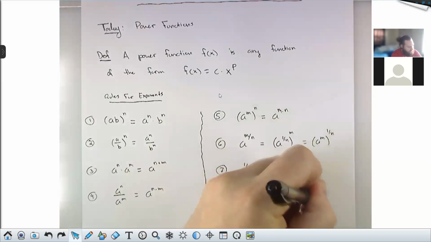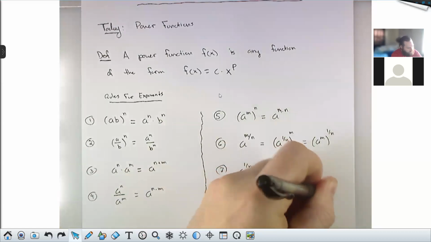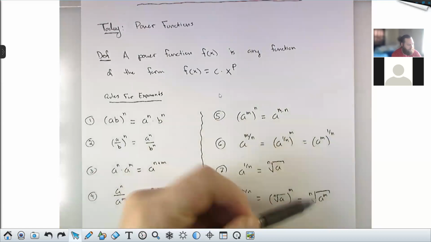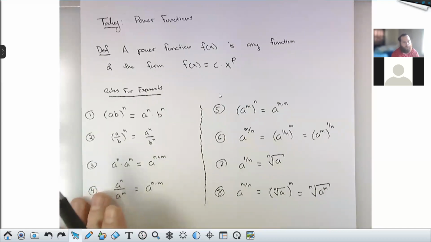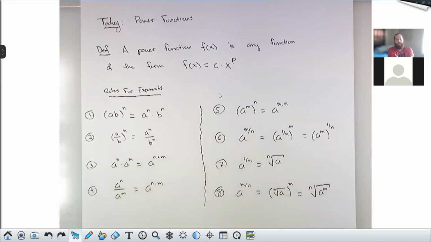And that is the same as the nth root of the mth power because of this. So these are the rules for exponents that we're going to encounter from time to time in the previous section, in this section, and a lot when we talk about exponential functions.